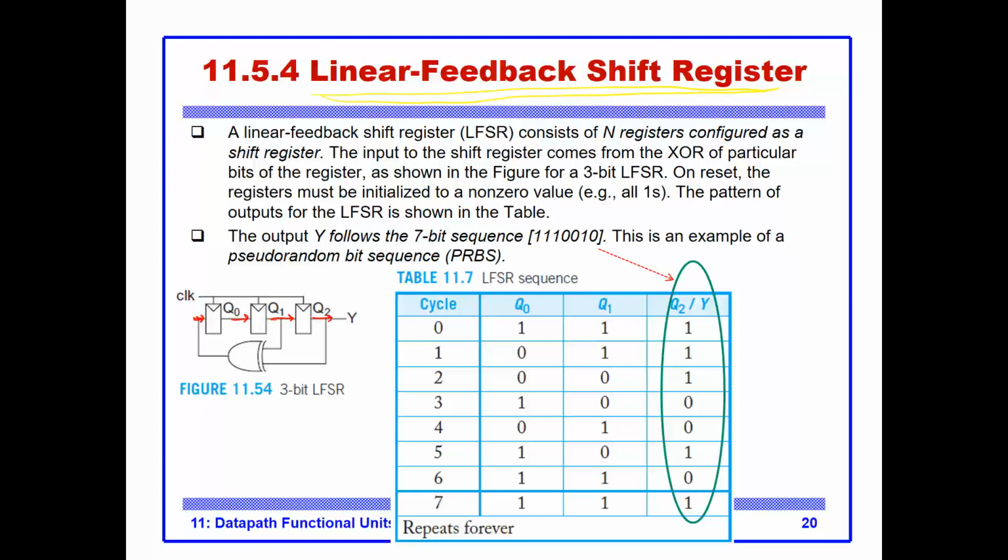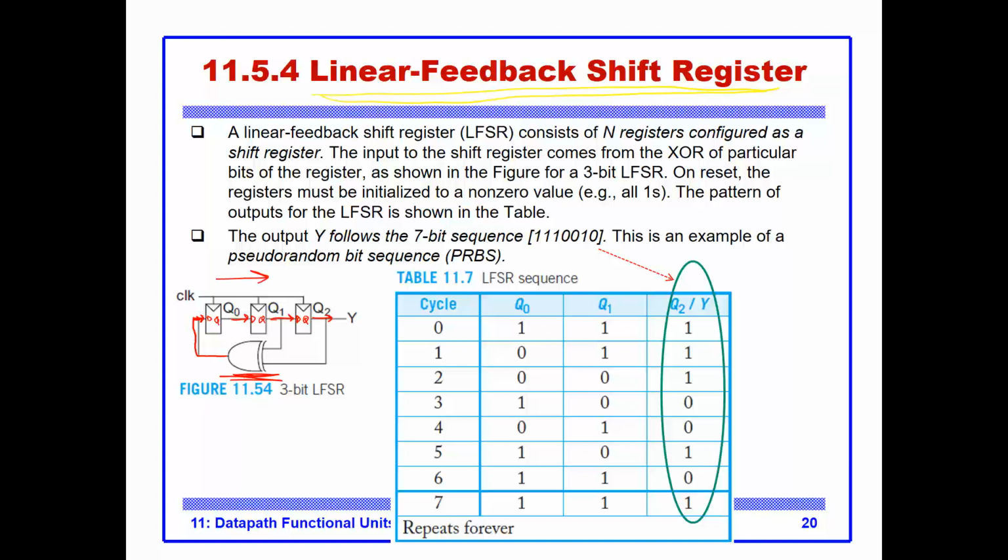So this is D, this is Q, this is D, this is Q, this is D, this is Q. And what we also have here as extra is this exclusive OR, which implements a mathematical formula, and typically the output of it goes to the very first flip-flop. Notice that I'm shifting in this direction.